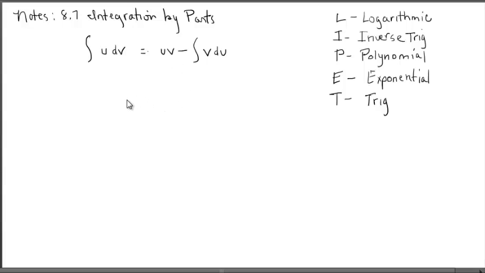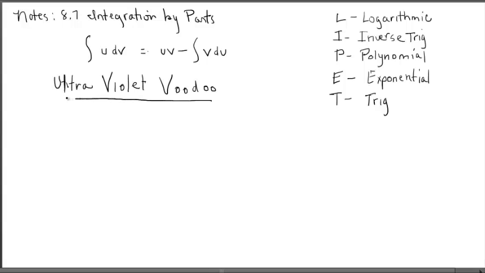Okay, something else that I've heard out there that might help you remember this formula is this statement. If you know that you're going to proceed using the method of integration by parts, then you might want to remember ultraviolet voodoo. I stole this from somebody. If you can remember this, this will help you remember the formula right here.